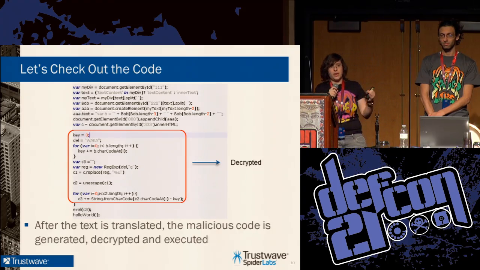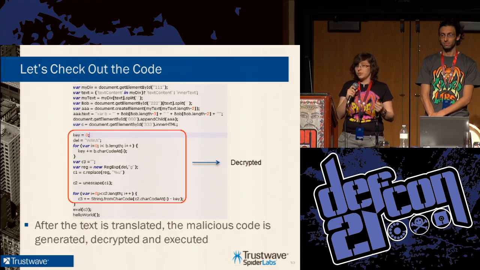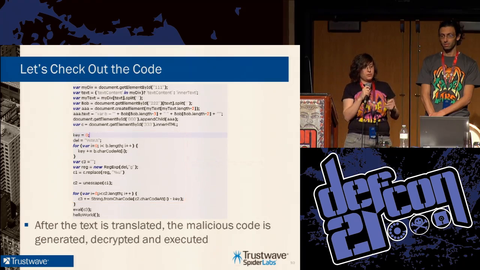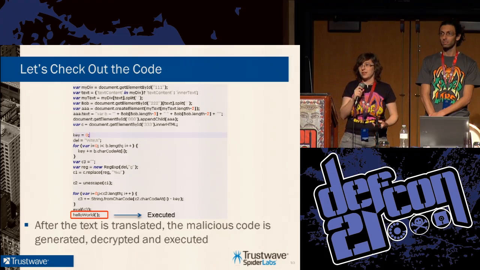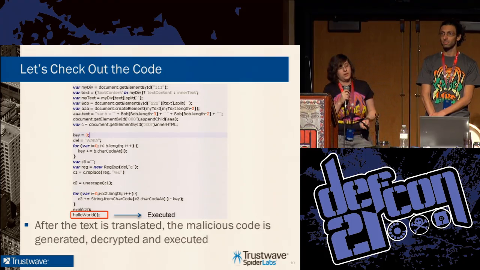And as opposed to the caching service, which just made sure that we're under the Yahoo cache context, here we actually waited for Google to do the translation work. They actually constructed the attack for us when they did the translation of the page on the client side. And of course, finally, we're going to try to execute a method, hello world, which does not exist anywhere besides in our obfuscated and encrypted code.